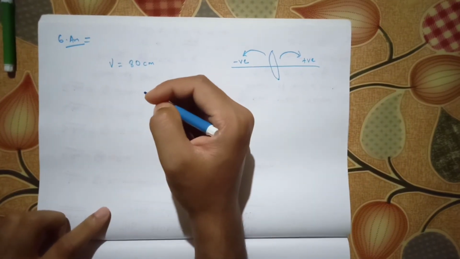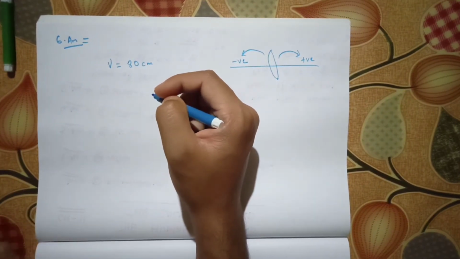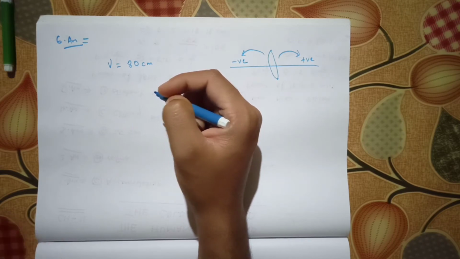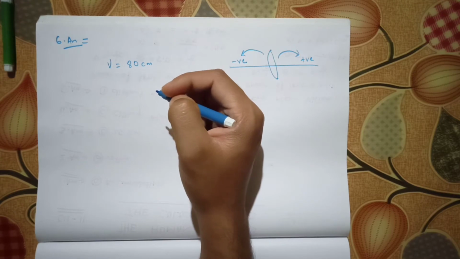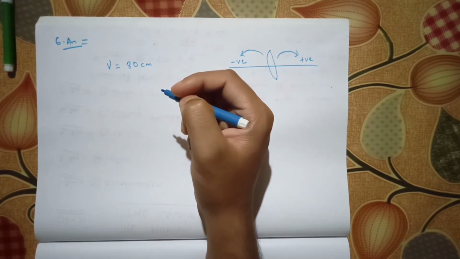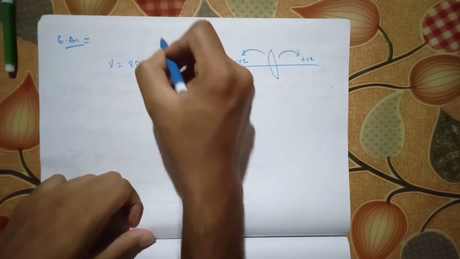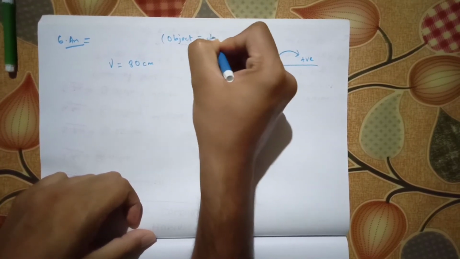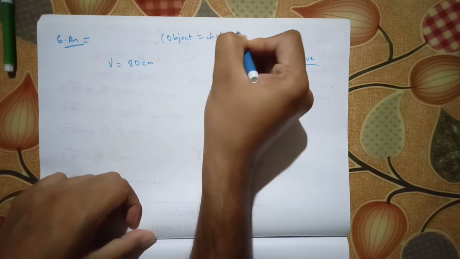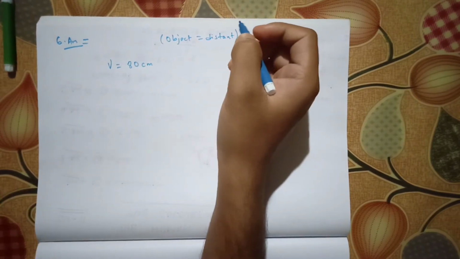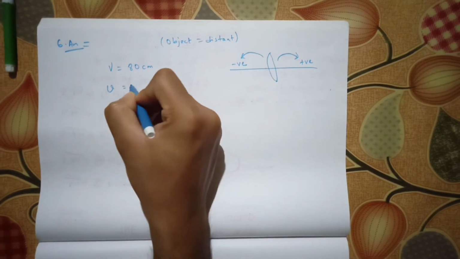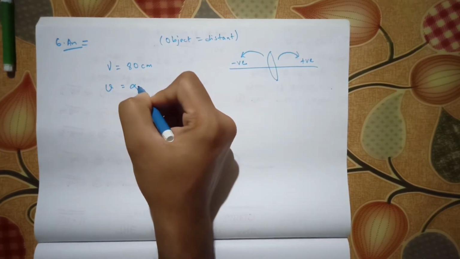In the question it is also asked what is the nature and the power of the lens required to correct the problem. We are not given the actual object distance, so we have to take the object to be distant, meaning far away. So here the image distance will be at infinity.